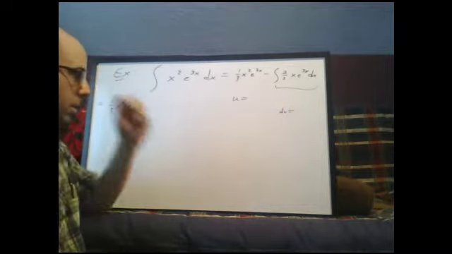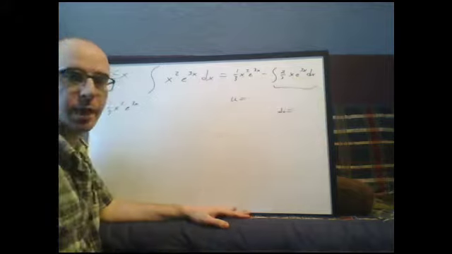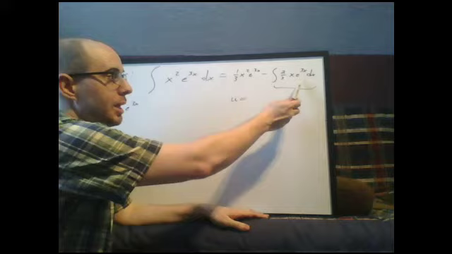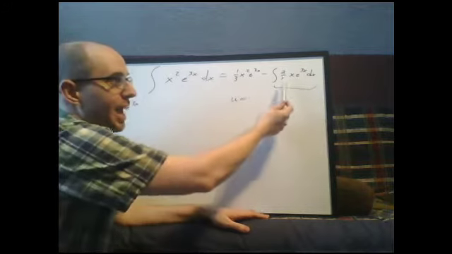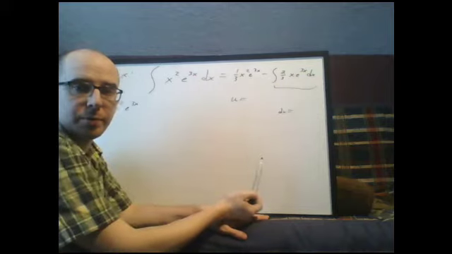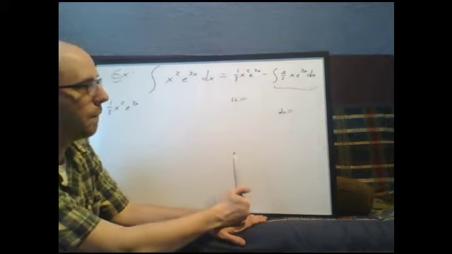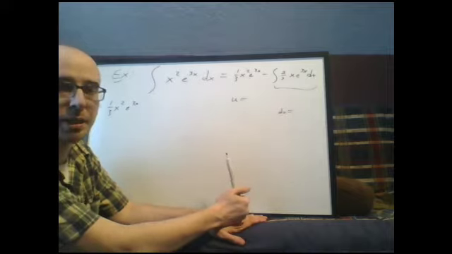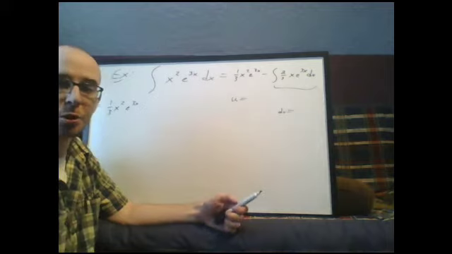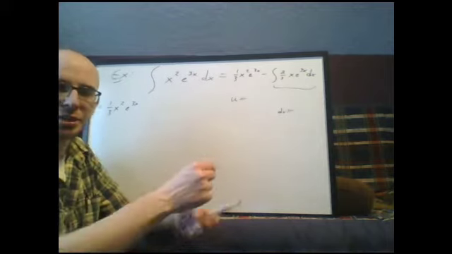All right. So again, I've got two main parts, x and e to the 3x. For the same reasons, e to the 3x doesn't care where it goes, but x would rather be u because powers of x get simpler when you take the derivative. Another thing I should say is when you have to use integration by parts more than once in the same problem, you don't want to switch your choices.